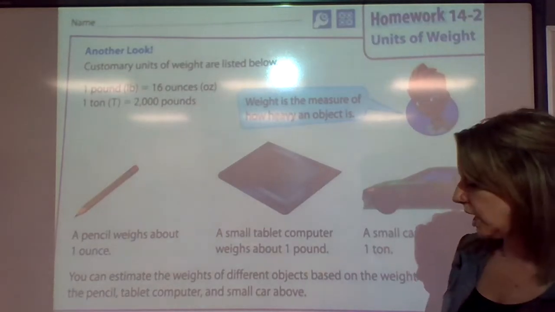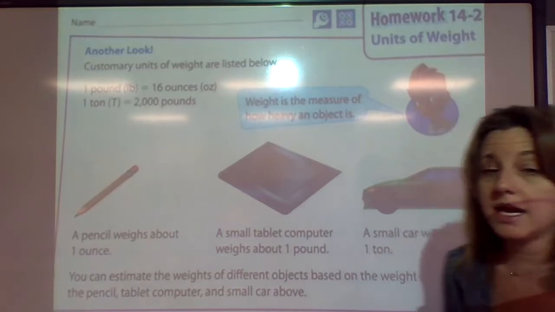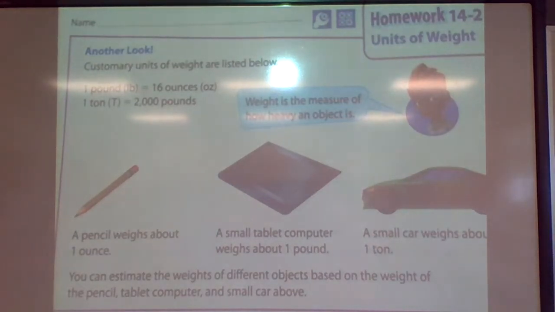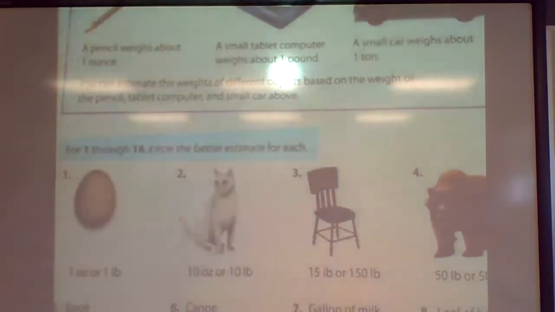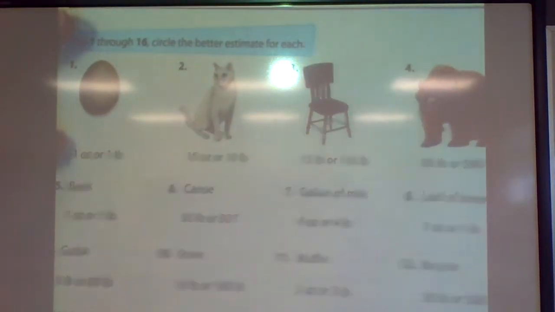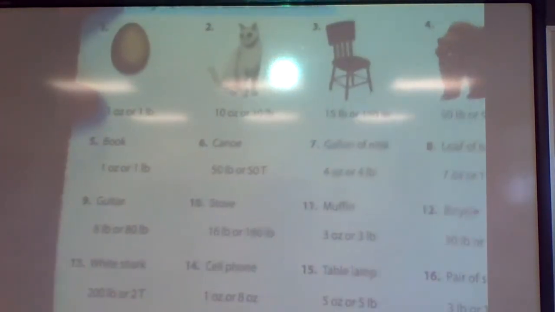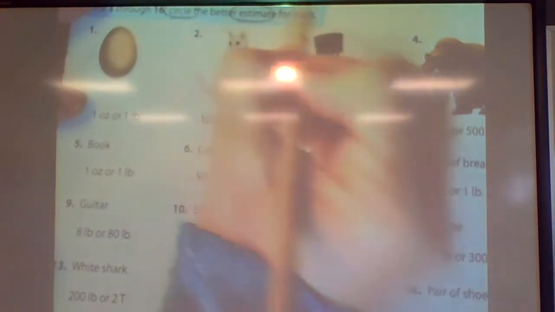Go ahead and make sure you have pages 787 and 788 in front of you. Just like the other day with capacity, we are looking through 1 through 16, and you are circling the better estimate for each one.